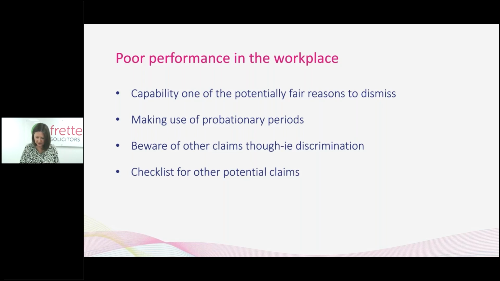Whether a dismissal for reason of capability is fair will depend on the reasonableness, that word again, of our decision in all of the circumstances, and of course on a fair procedure being followed. We'll come on to how we issue warnings and fairly dismiss for poor performance shortly. But I'd first like to look at how we can try to avoid getting to that stage, and this of course will form part of whether we have acted reasonably in all of the circumstances.